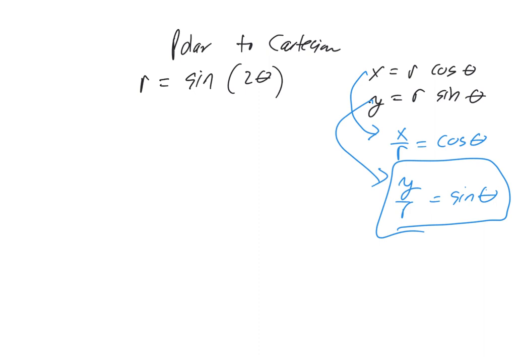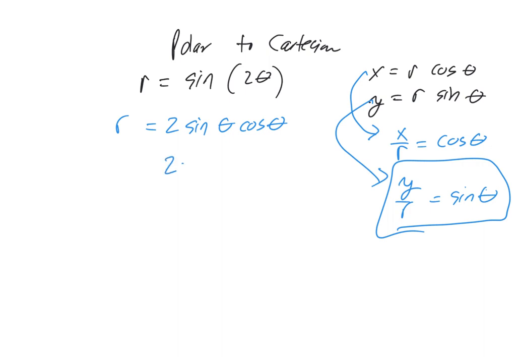Let me pause for a second. There you go. So sine of 2 theta is 2 sine theta cosine theta. This will equal r. I can then plug in the sine theta and cosine theta.